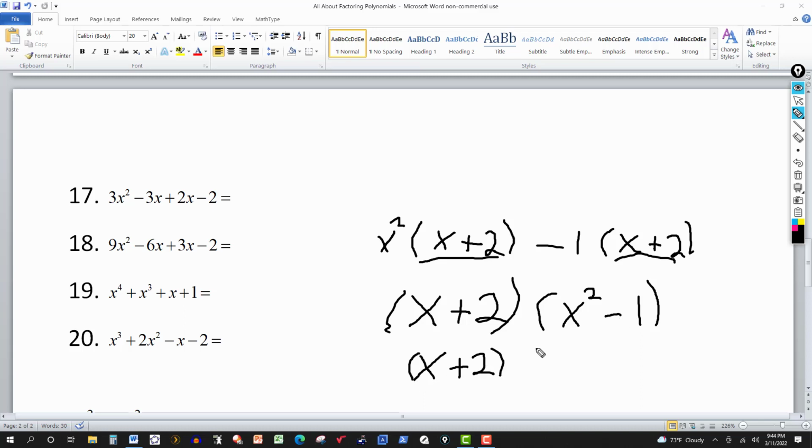And then difference of squares factors into the difference and the sum of the square roots. So the square root of x squared is x. Square root of 1 is 1. So it's x minus 1 and x plus 1, or x plus 1 times x minus 1. The order doesn't really matter there because it's multiplication.